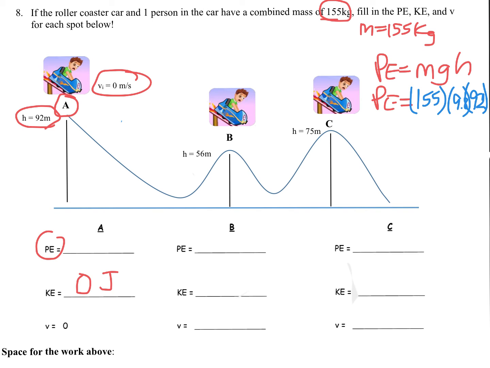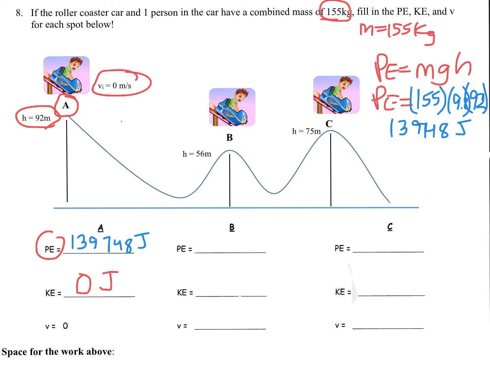So when we multiply those three numbers together, we end up getting around 139,748 joules for my potential energy. So that's what I'm going to put right here. 139,748 joules will be my energy.